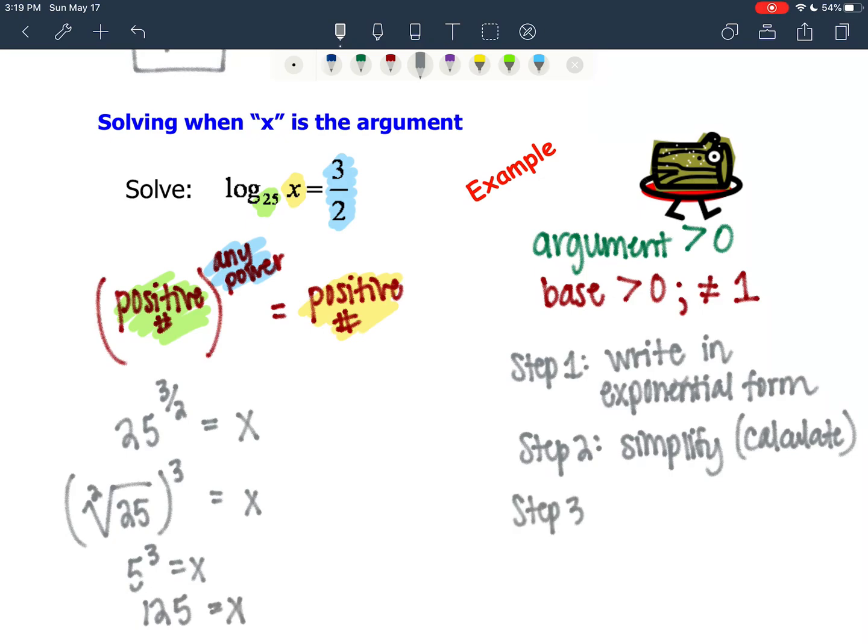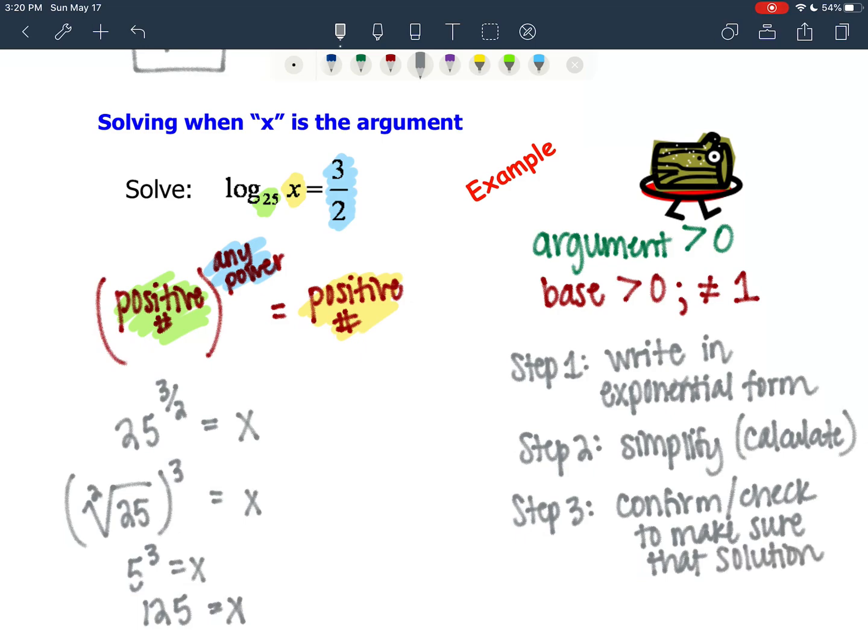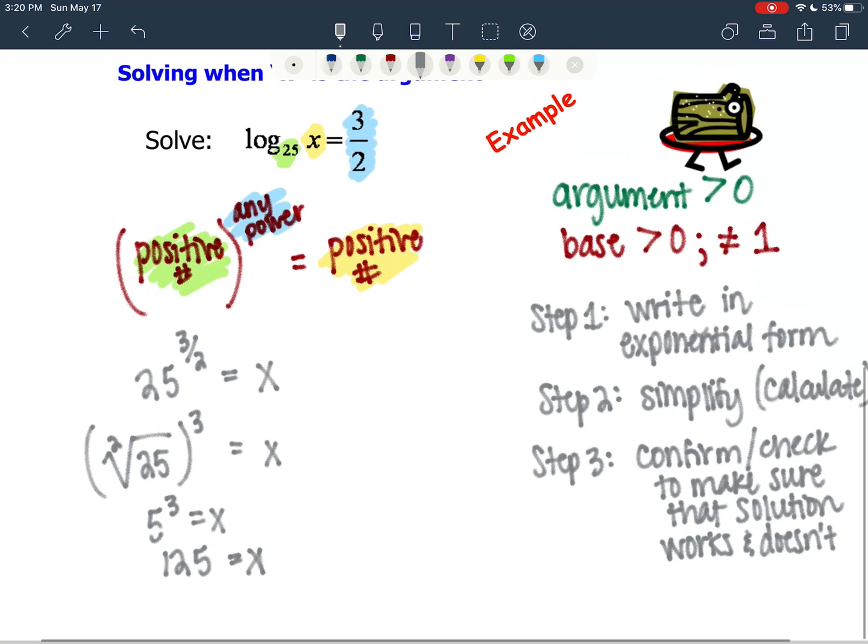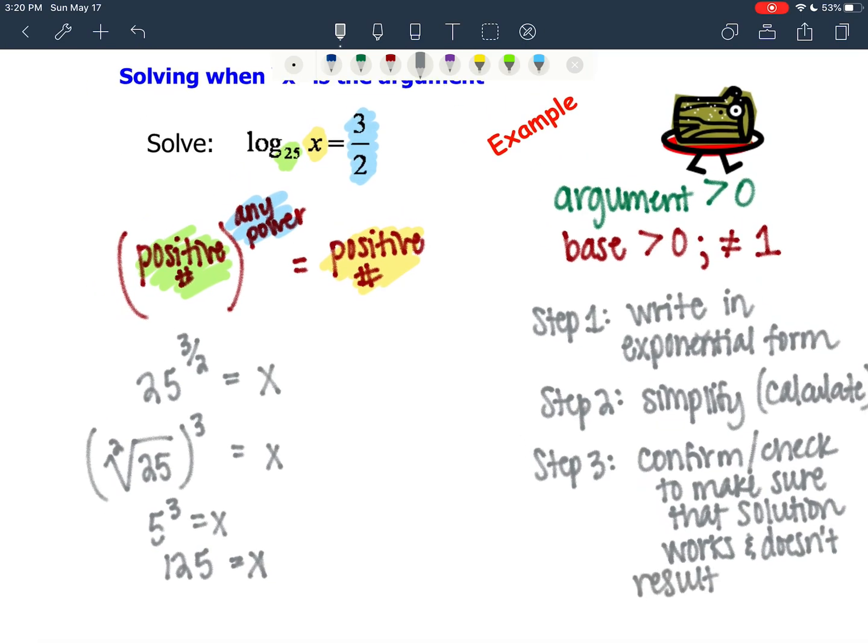Step 3, you have to confirm, check, to make sure that the solution is workable, that the solution works and doesn't result in an argument that is less than or equal to 0.